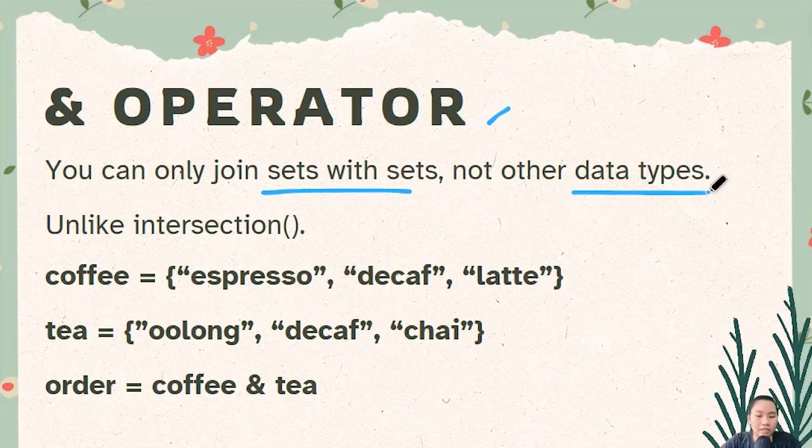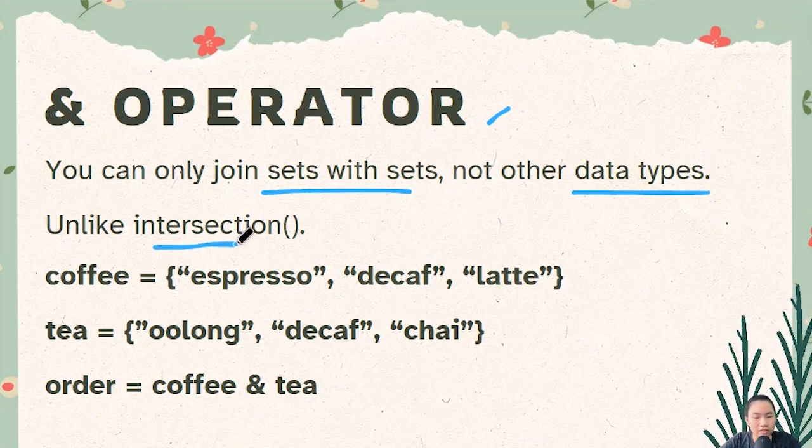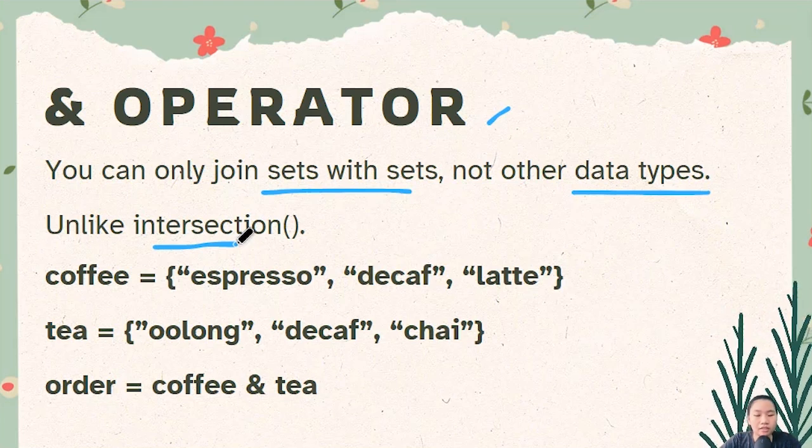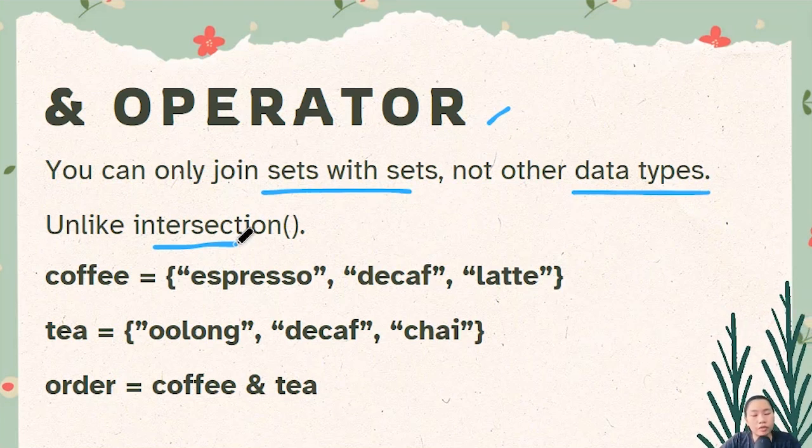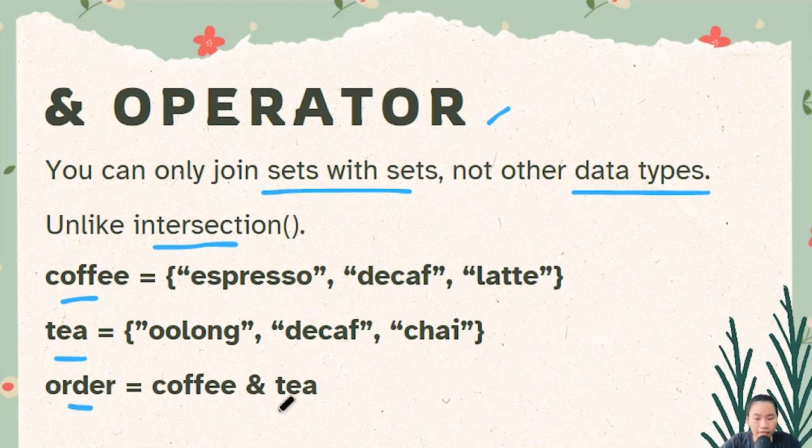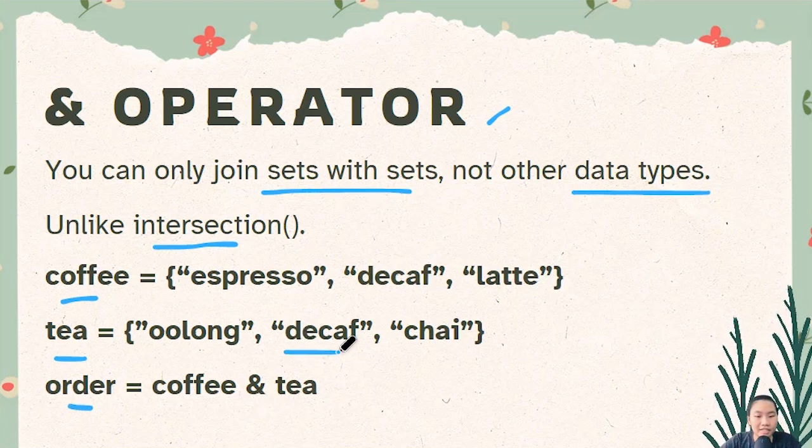What this operator does is very similar to intersection, okay? It's just that it's very strict. It only wants to go with sets and it doesn't like combining other data types. Unlike the operator, you can be a bit more free with intersection in terms of data types, okay? Now, once again, I have coffee, I have tea, and I have order. Coffee and tea returns decaf.